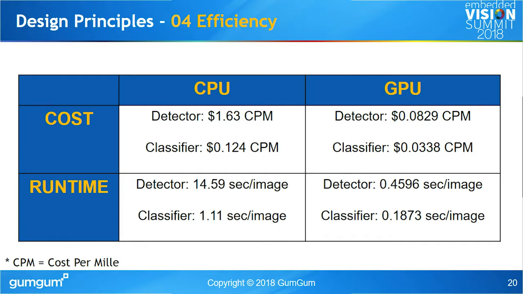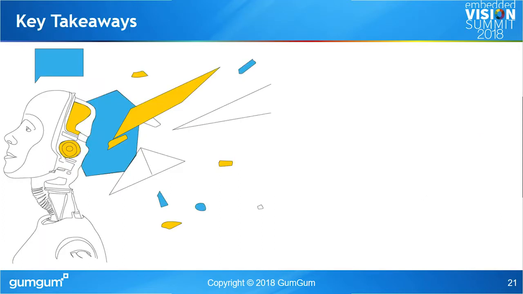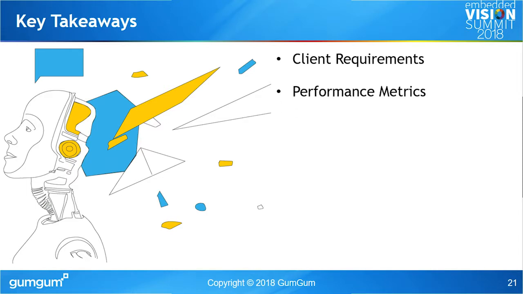So in conclusion, I'd like to recap some of the points that I hope would help you ask the right questions for your application in order to build sustainable computer vision solutions. One is client requirements. That is extremely important since they decide the performance metrics that you will want to concentrate on.